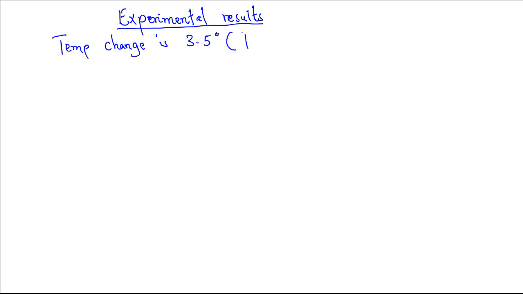That is simply T4 minus T3, where T3 is an average between T1 and T2.